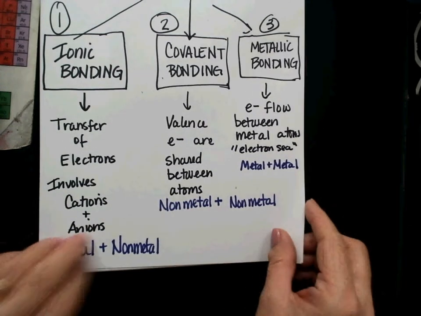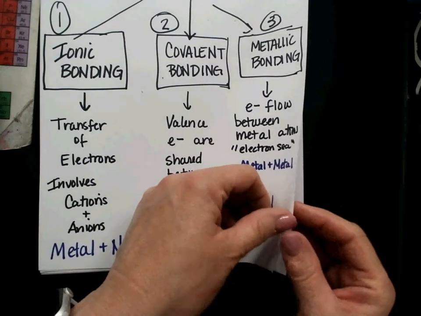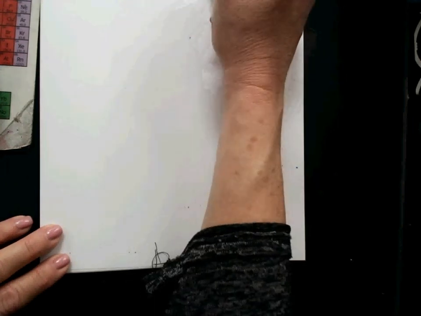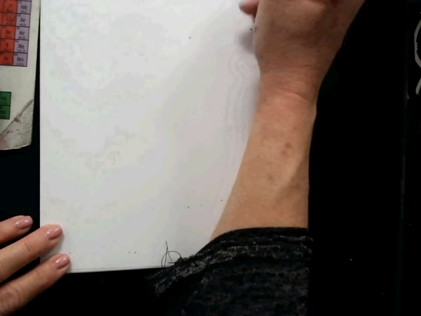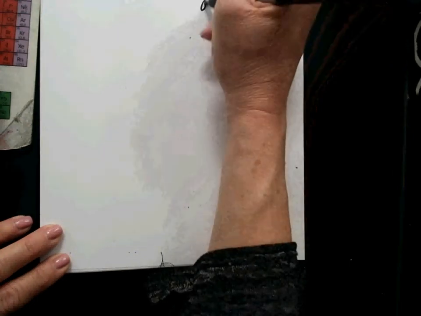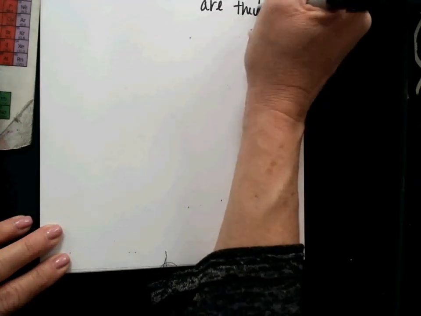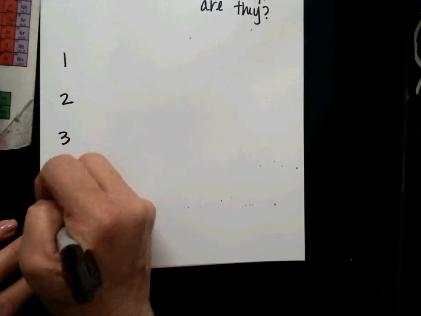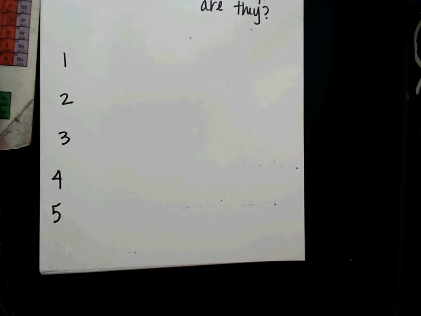But now I should be able to write something like this. Let's try a couple of these. Pull your periodic table out if you don't have it out. I'm going to give you 5 different compounds.